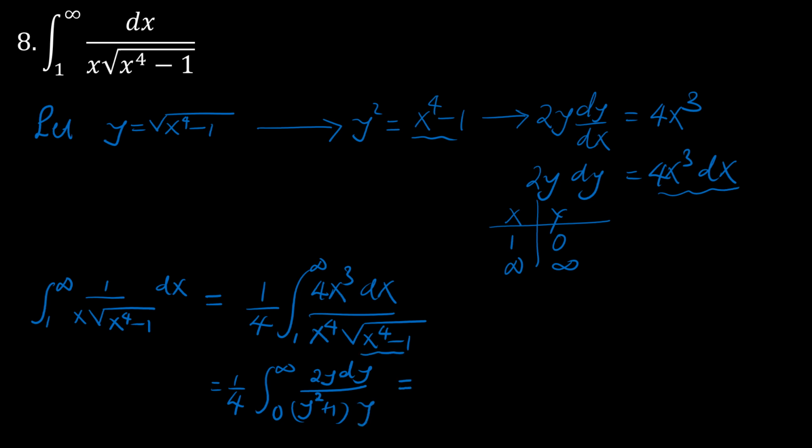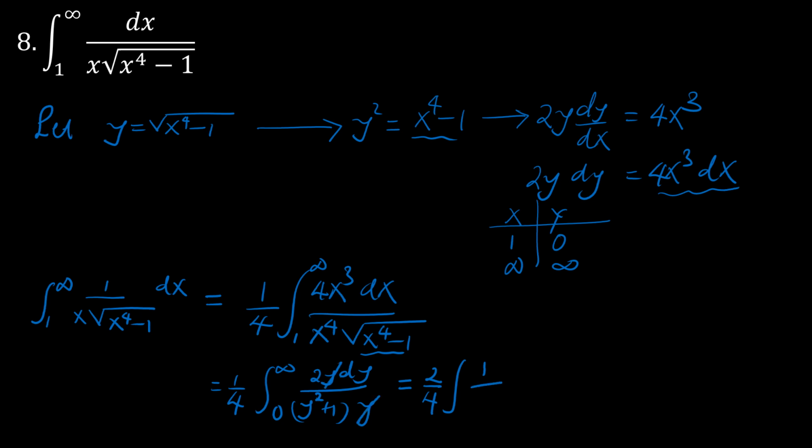So pulling 2 out, this is 2 over 4. And this cancels with that.